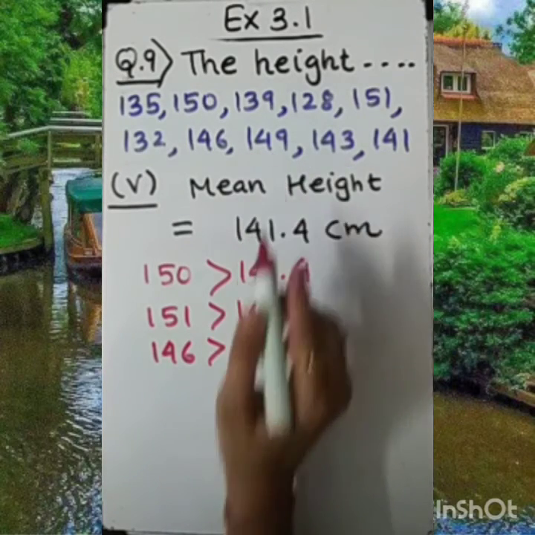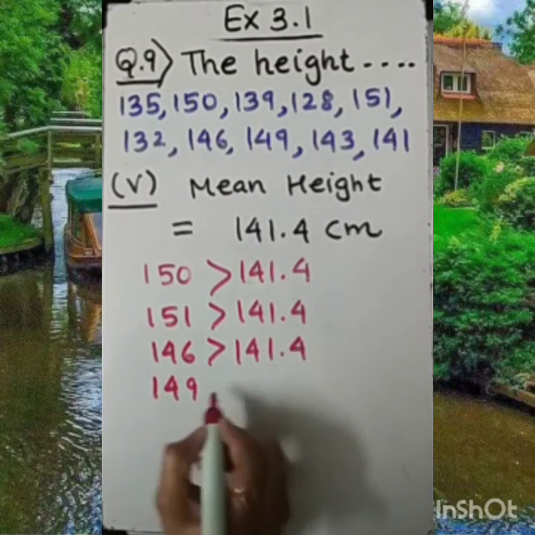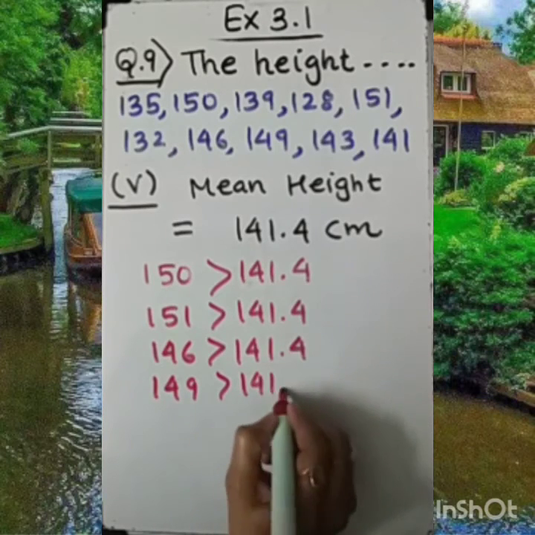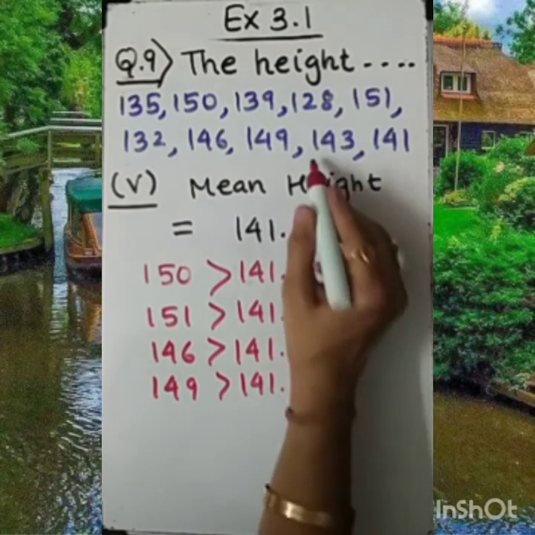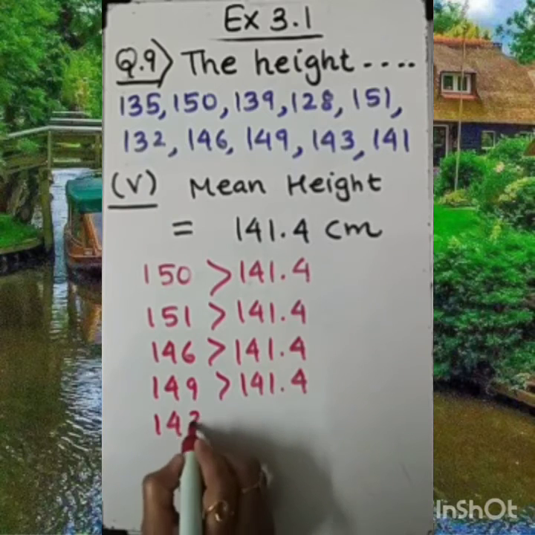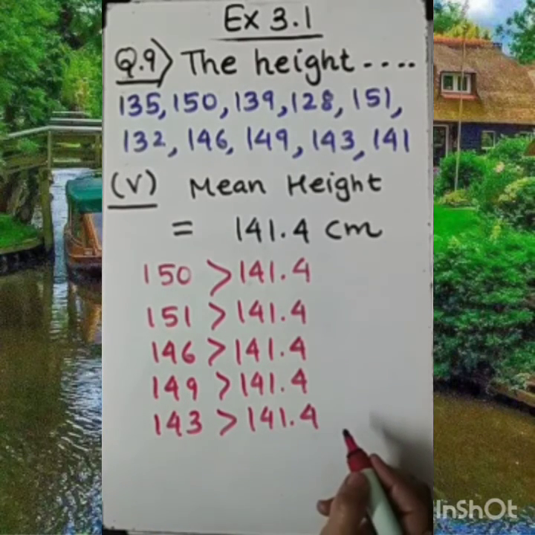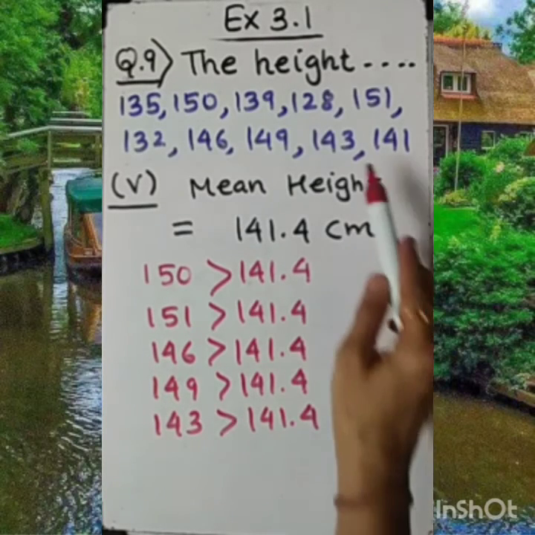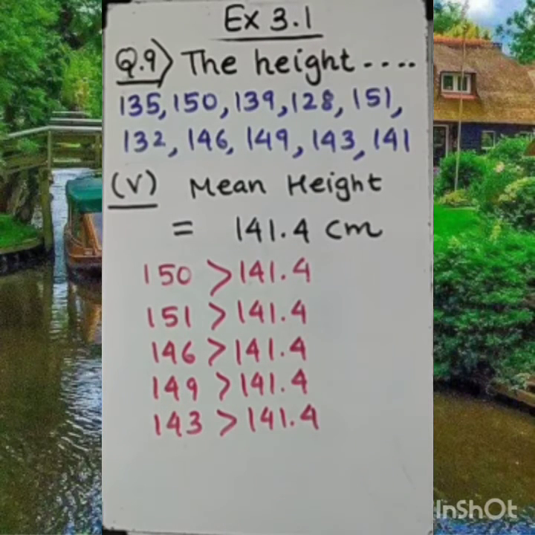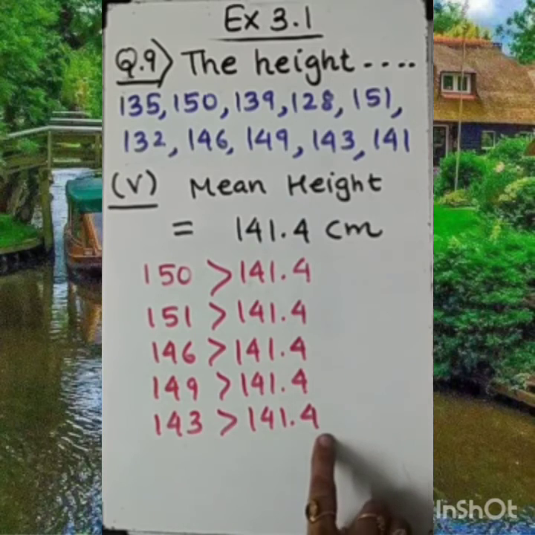What about 149? Yes, that is also greater than this. What about 143? Yes, that is also greater than 141.4 centimeter. What about 141? No, it is less than 141.4.